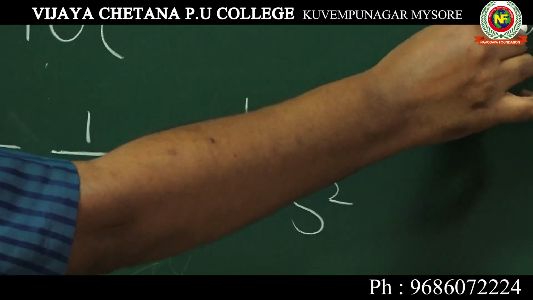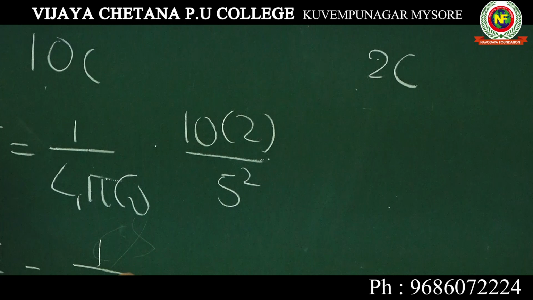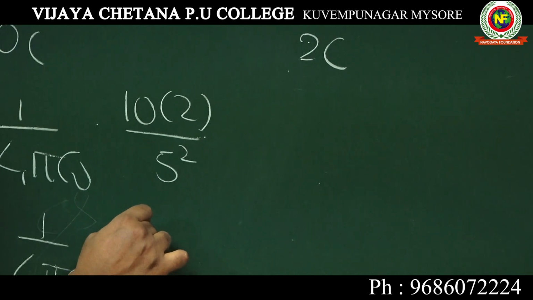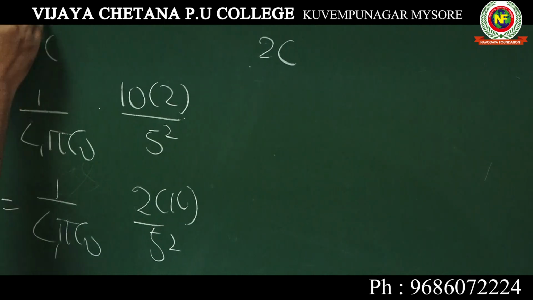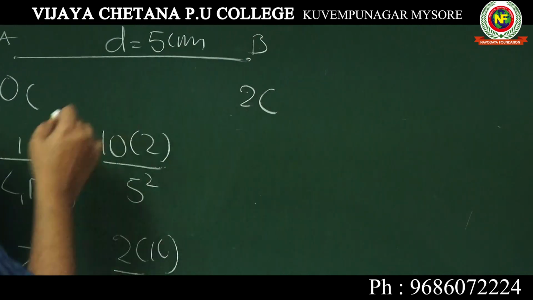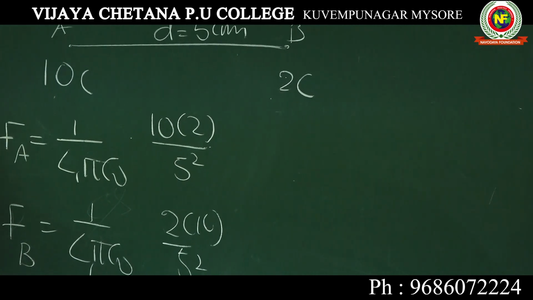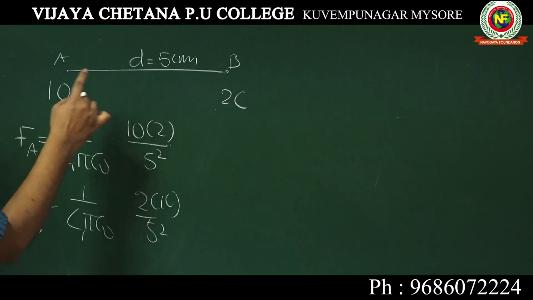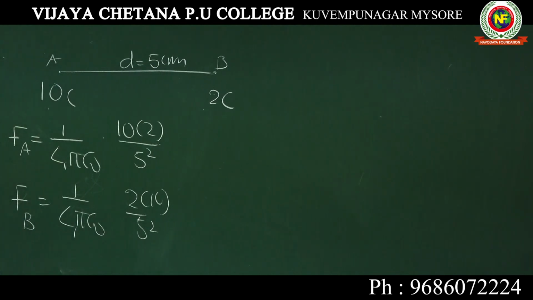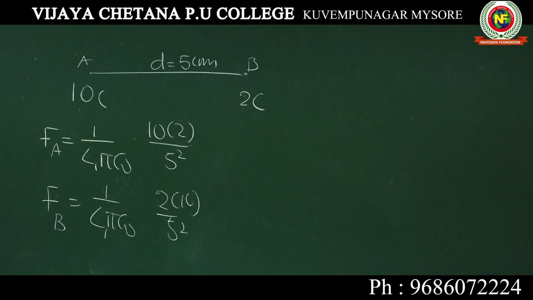And for the other, the force expression is 1 by 4 pi epsilon naught 2 into 10 divided by distance square. So this is A. This is force experienced by A. This is force experienced by B. If you observe, their magnitudes are the same. So when there are two charges, irrespective of their magnitudes, both of them will exert and experience the same force.